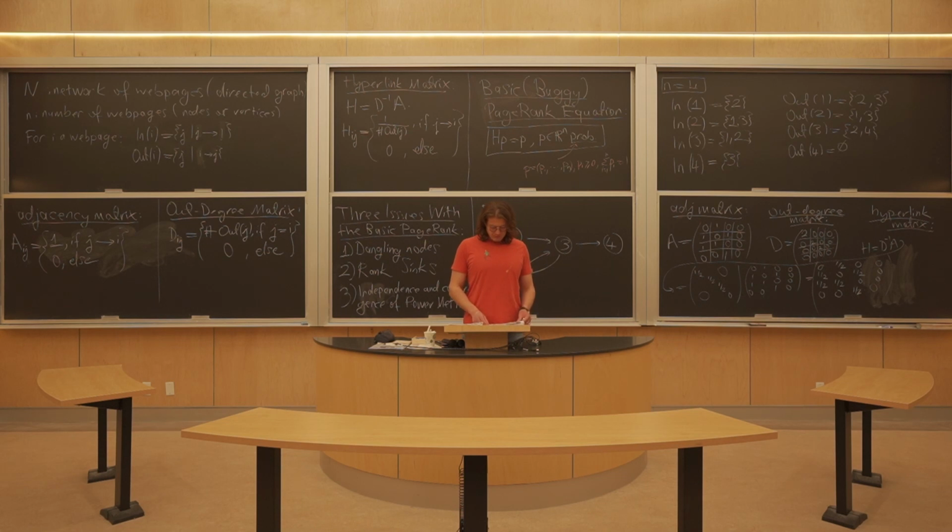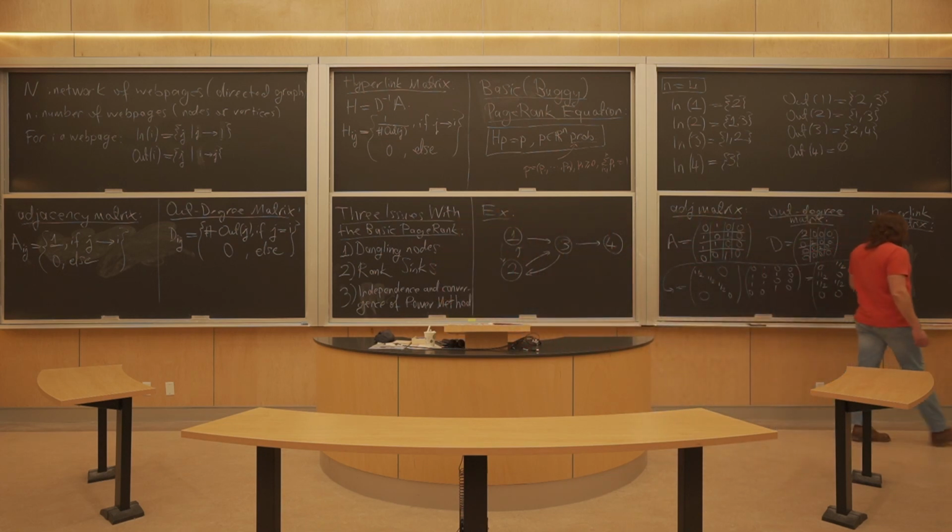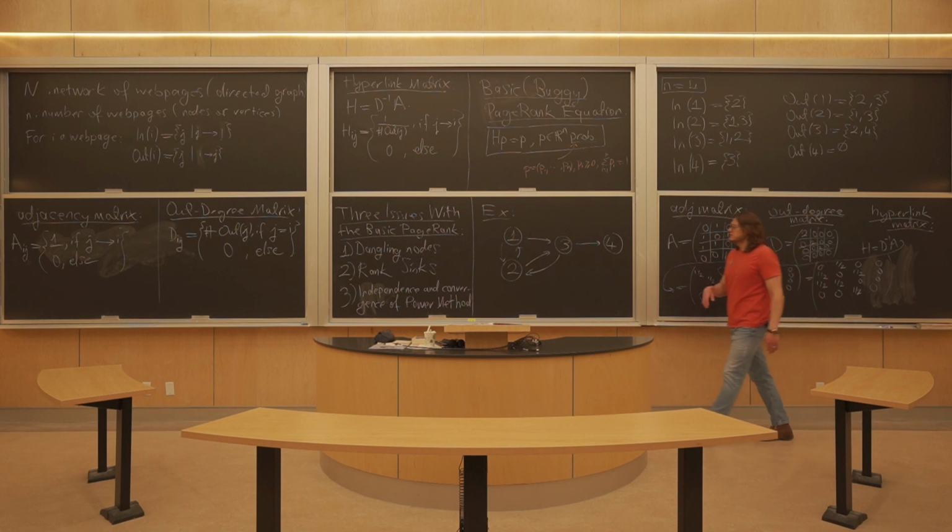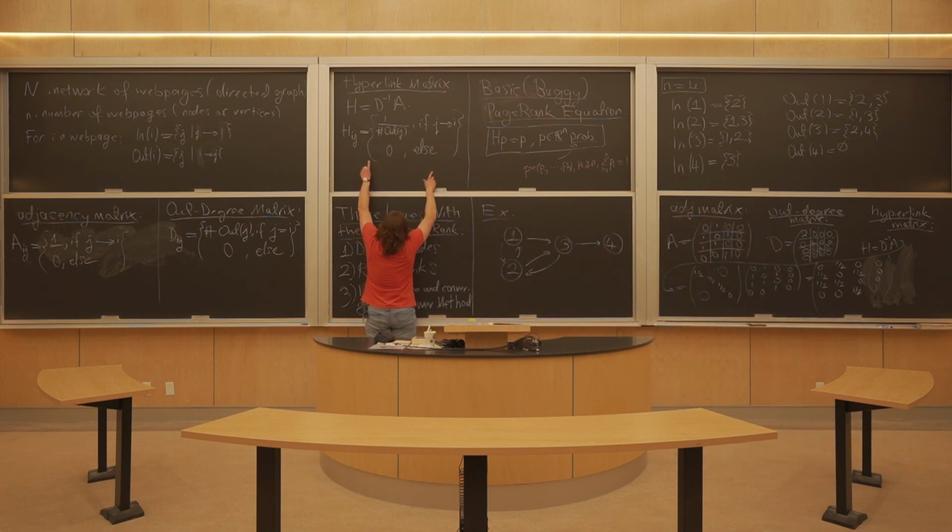Let me have a look. Well, in any event, there is something weird going on here, but this hyperlink matrix definition is accurate. So this formula over here, Hij, is accurate.